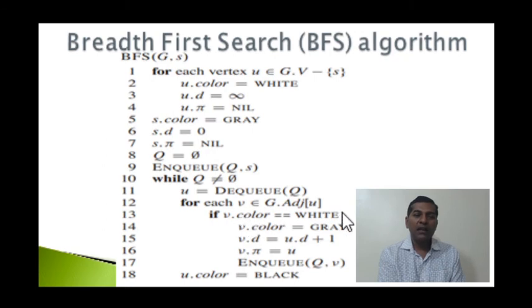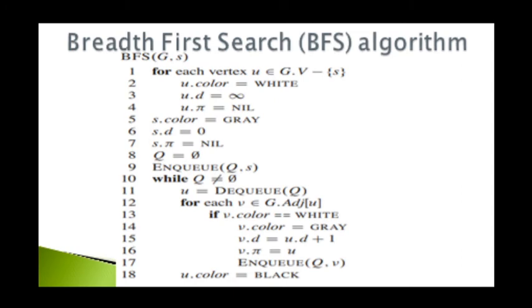Is the color white? If yes, then make it gray and set its distance from the source to u.d plus 1, because u.d is 0, and 0 plus 1 is 1. We assign the predecessor, the vertex to which it is connected. Then Enqueue Q, v, adds this vertex into the queue. Once we have visited all the adjacent vertices, let's make u black. We'll understand it with the example.